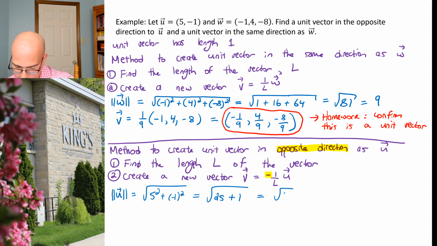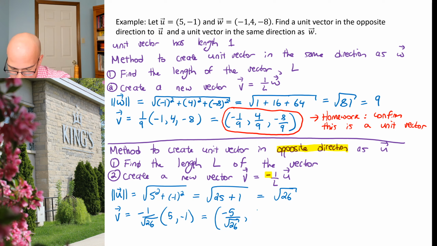Then we create the vector v by taking negative 1 over L, so negative 1 over the square root of 26, and multiplying by the vector u, 5 comma negative 1. So we get negative 5 over the square root of 26, comma positive 1 over the square root of 26, since negative times negative cancelled. And that'll be our answer for that part.